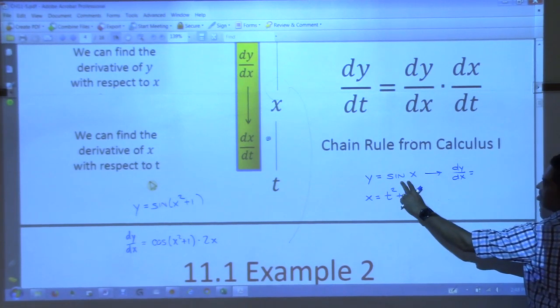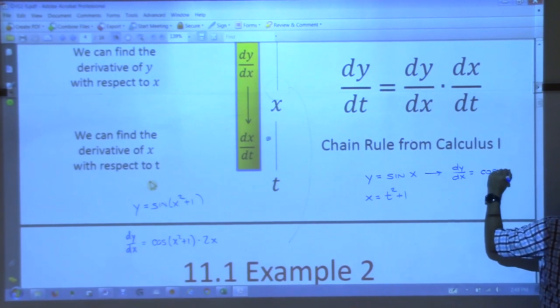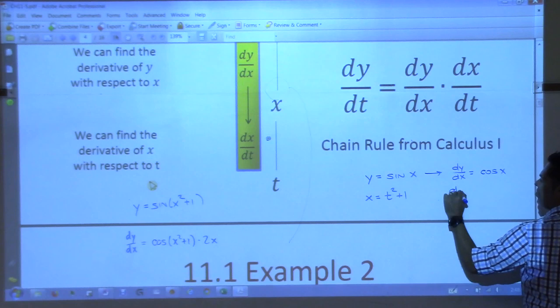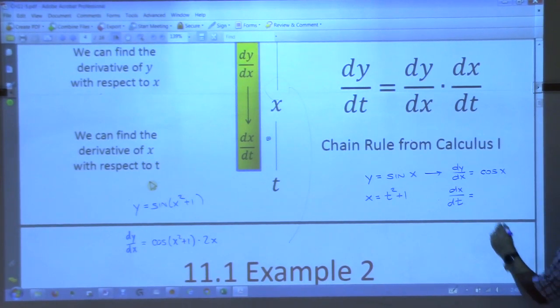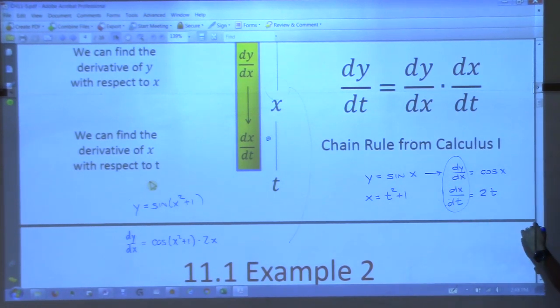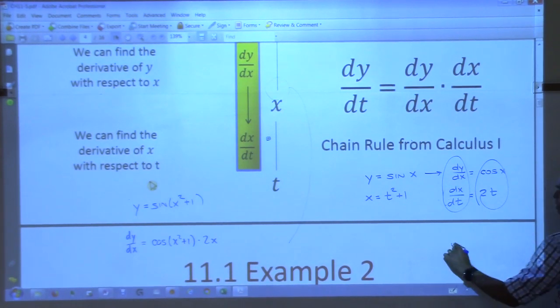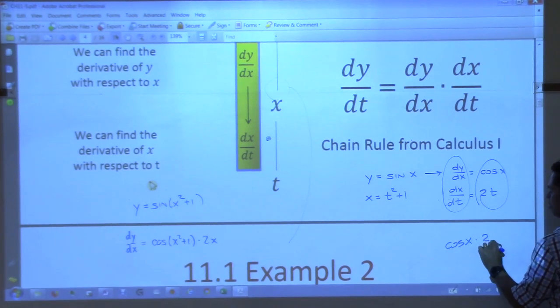What's the derivative of that with respect to x? Cosine x. And then the derivative of this, x, with respect to t, which would be 2t. And then if I multiply these two together, we get cosine of x times 2t.